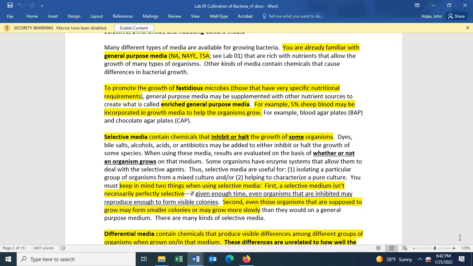First, selective media isn't necessarily 100% perfectly selective. Second, even those organisms that are supposed to grow on the selective media may form smaller colonies than they would grow on a general purpose media. Any question about any of that?